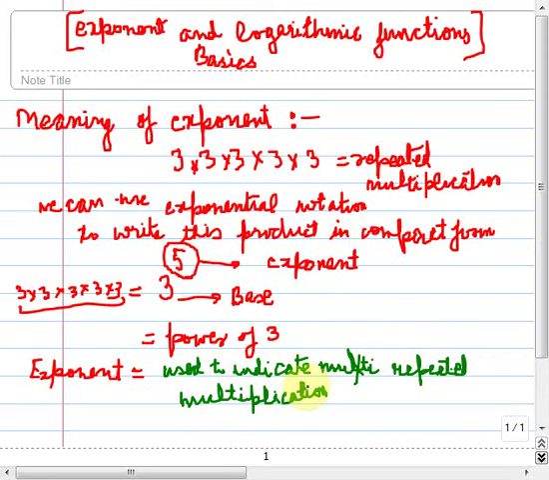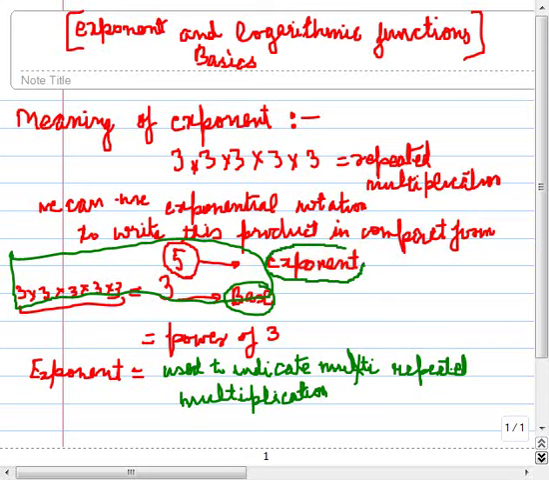It is how many times the base is used as a factor. If you remember this, then it is very simple to understand the meaning of an exponent. What is the meaning of the base and what is the meaning of an exponent? This is the basic of exponent.